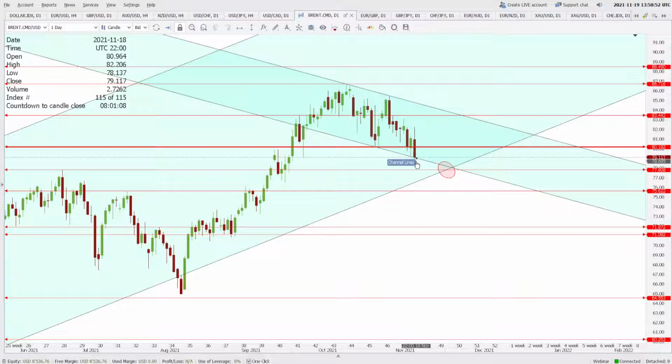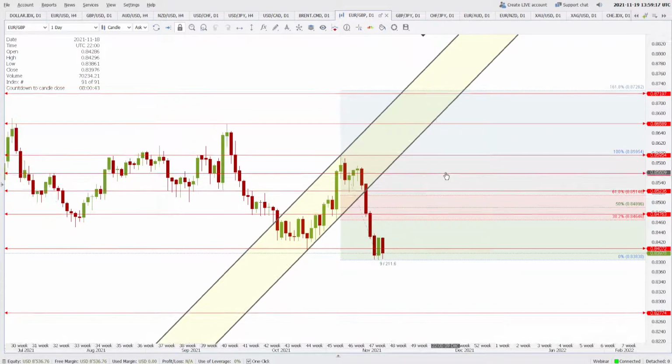If it breaks below 80.18 and closes the day lower, I am expecting 80.18 to act as a good resistance in the future. Right now the support is 77.80 and resistance is at 80.18 in this market.